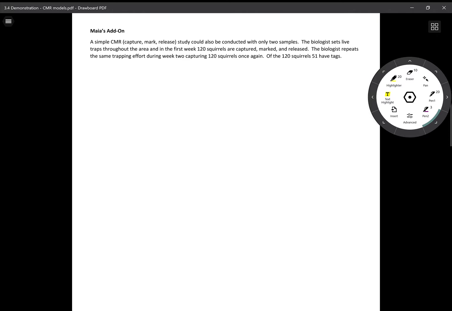So we have a sample basically of 120 squirrels taken, and they all get marked. We won't say marked, we're saying tagged in this one. And then they get released back into the population.